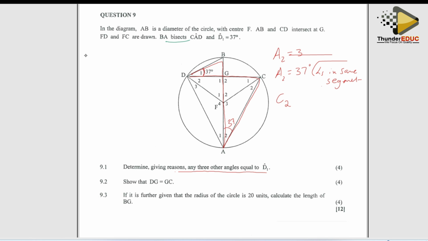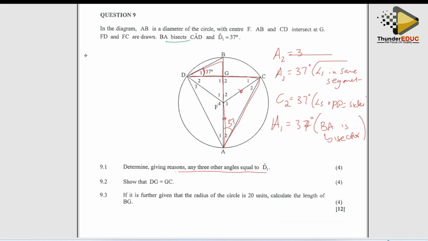Then I can say that C2 is also 37, because it's going to be angles opposite equal sides. Because you know that this is a radius, this is also a radius. But they told us that this line bisects, so which means A1 is also 37 degrees. The reason: BA is a bisector.